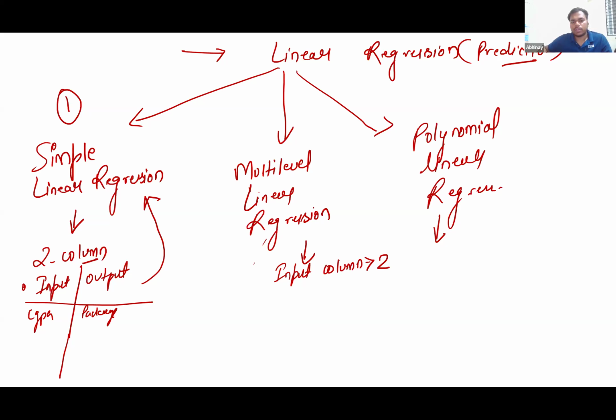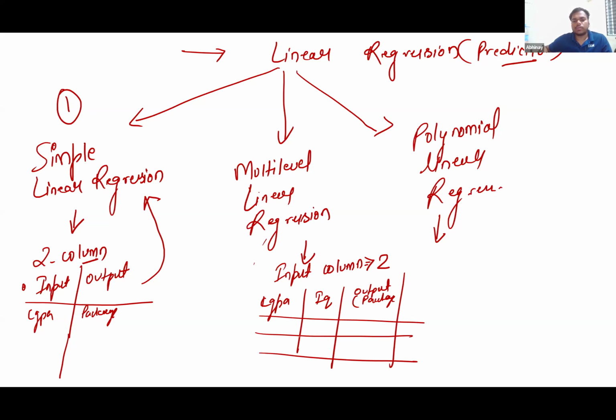You have two or more input columns, just like suppose we have CGPA and IQ, and at last there will be one output column, maybe package. So in this scenario, whenever you have two, three, any number of input columns, we will use multiple linear regression. Now it's time to understand what is polynomial linear regression.